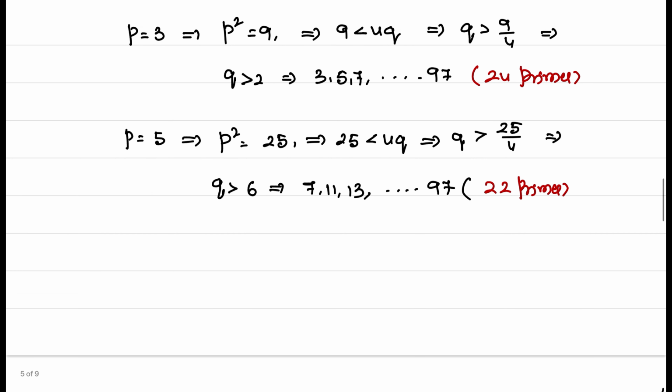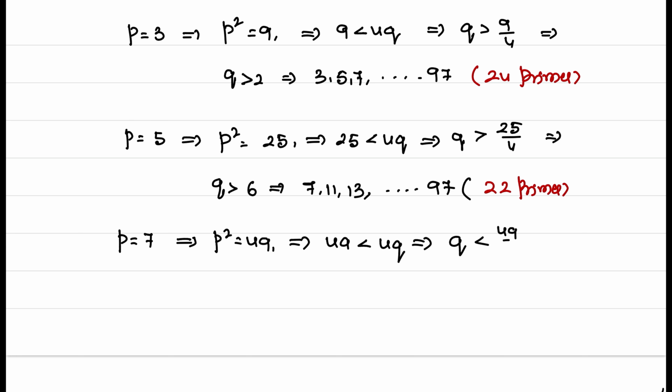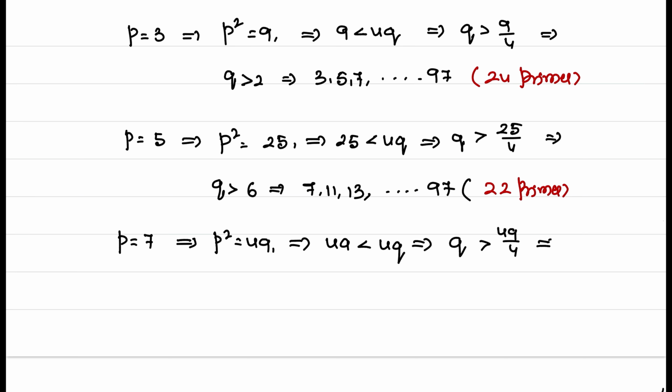Now, it looks a little bit cumbersome, but you will be able to do this type of problems once you are accustomed to it. P is equal to 7. What is P square? 49. That implies 49 is less than 4q. That means q is greater than 49 by 4. That means q is greater than 12.5. That means q is greater than 12.